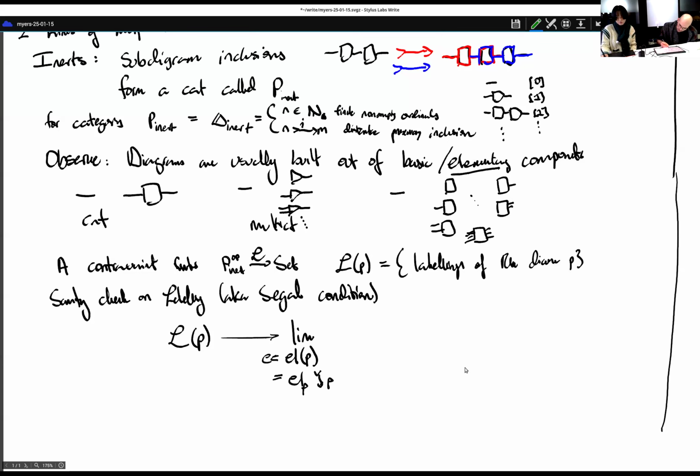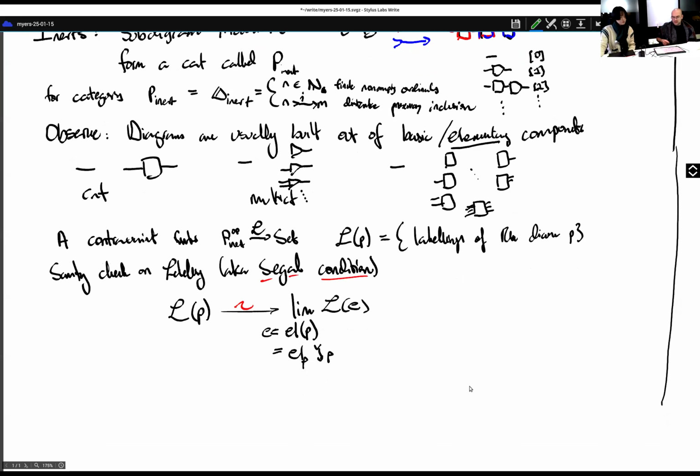We're just going to have to label the elementaries. The Segal condition says that this is an isomorphism.